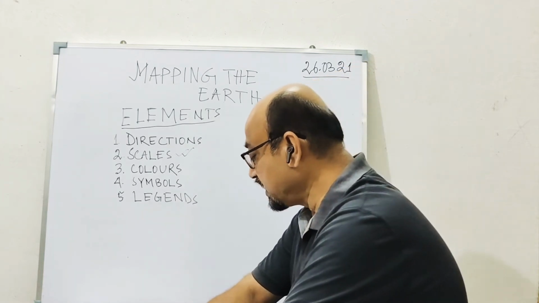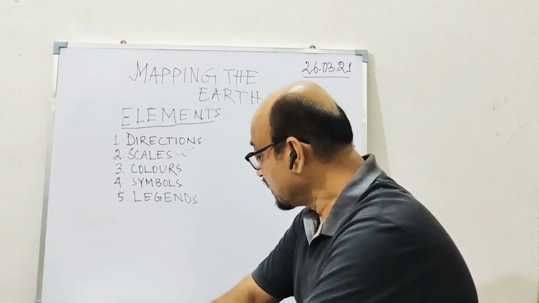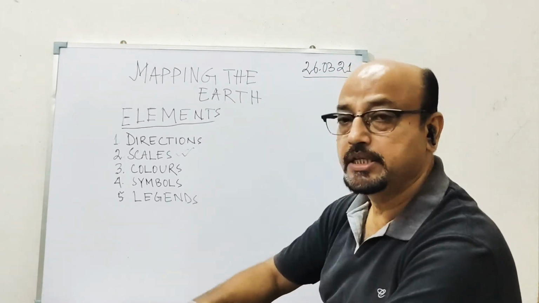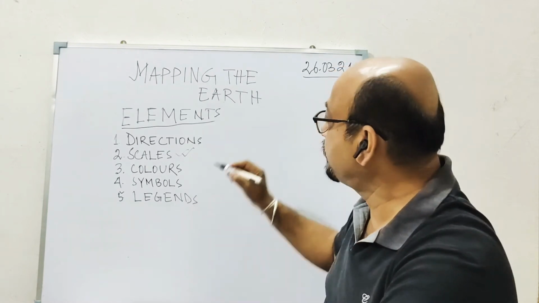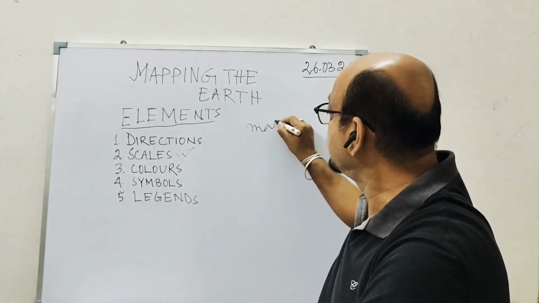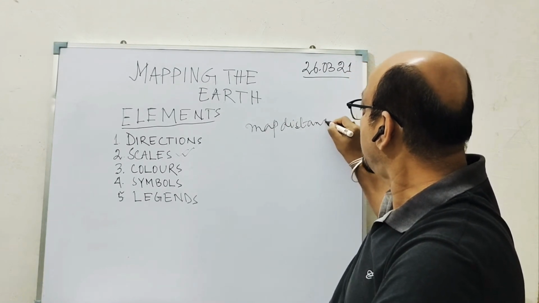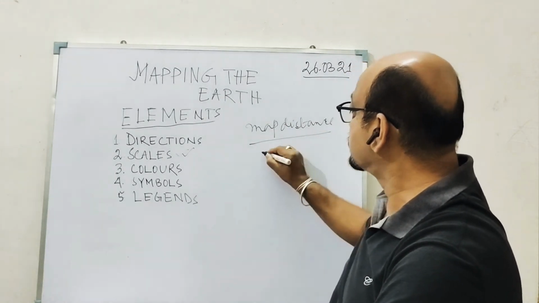Now what are the different types of scale? First of all, what is a scale? Scale means the ratio between the map distance and the ground distance.